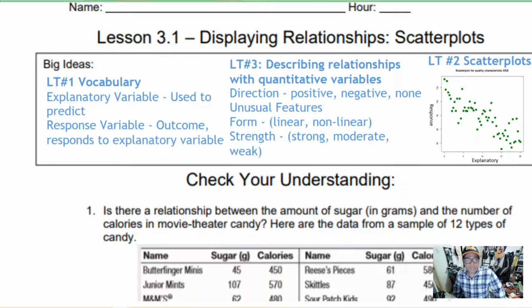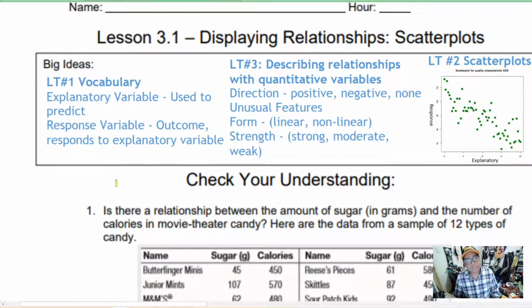Well, we learned the explanatory variable was the quantitative variable used to predict. We also learned that the response variable was the quantitative variable which tells you the outcome, and it responds to the explanatory variable.